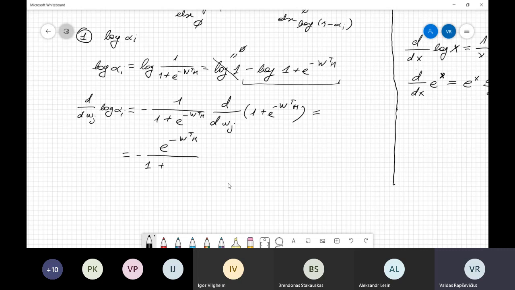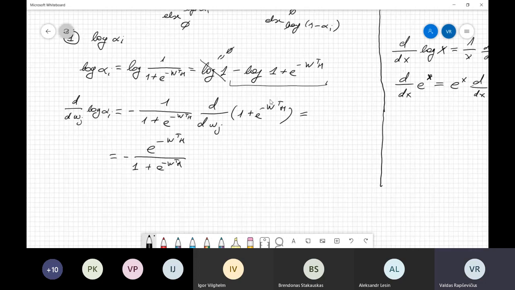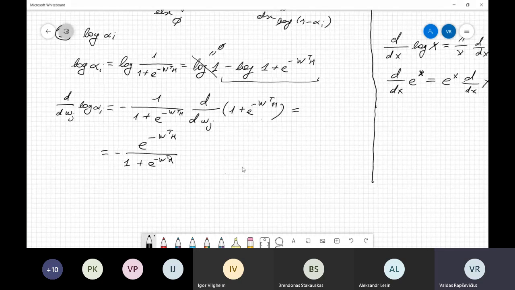On the denominator we have 1 plus e to the minus W transpose h. So we are basically repeating the same thing, and we have expressed that part by this rule. Now we have to derive the remaining part. As we already did this, let me repeat it anyway so you have all the steps.